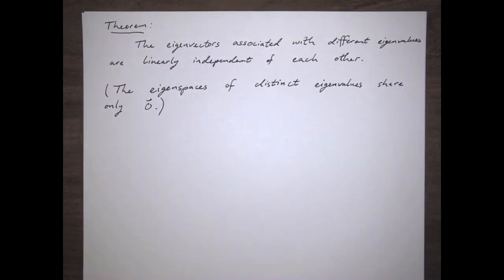Now, if you want to know how this is proved, I can tell you a sketch of how the proof would go. Suppose you did have different eigenvalues for a bunch of different eigenvectors, so each one had its own eigenvalue. Then, if you were to suppose that some combination of these eigenvectors were to equal 0, then that's what it would mean to be linearly dependent.